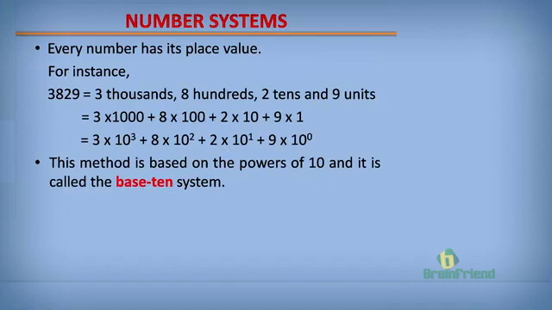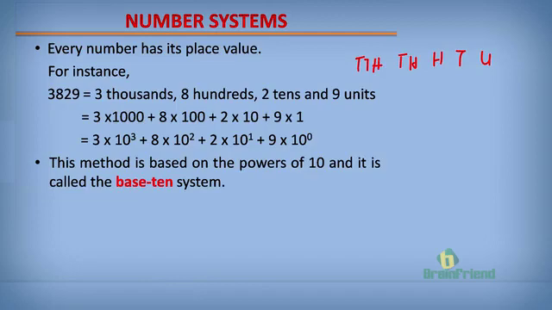For instance, 3,829. From fundamental mathematics, we know that the place values are units or ones, then we have tens, hundreds, thousands, tens of thousands, and so on. So each number has its unique place value.